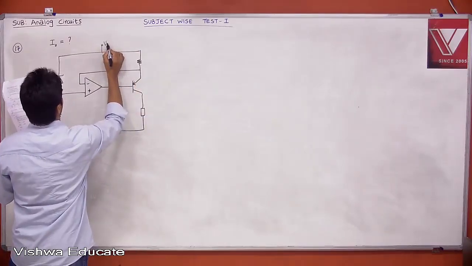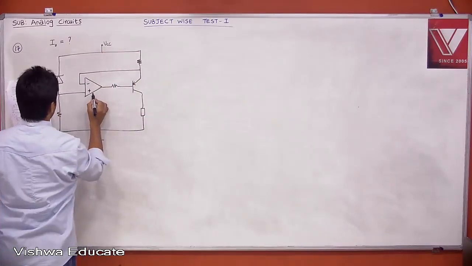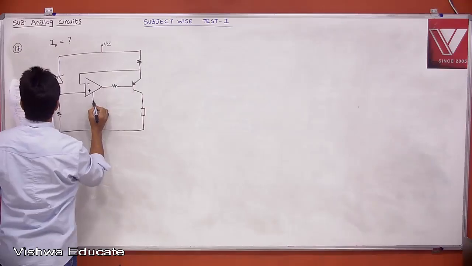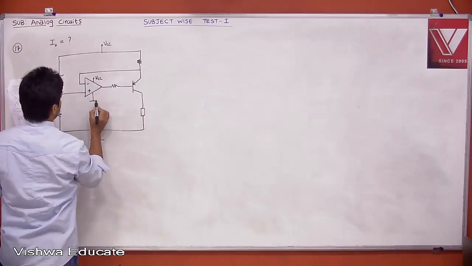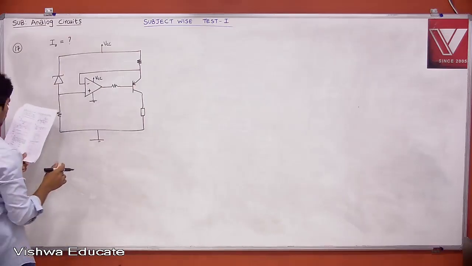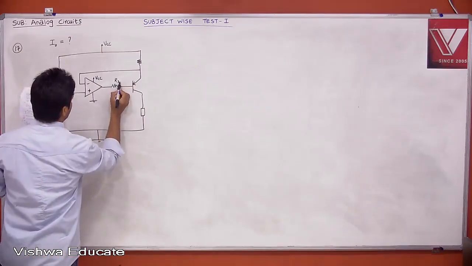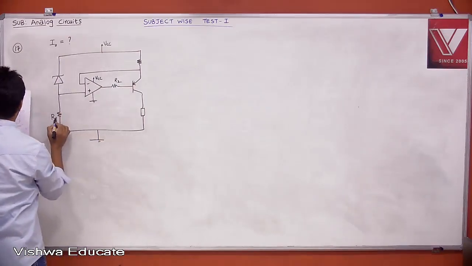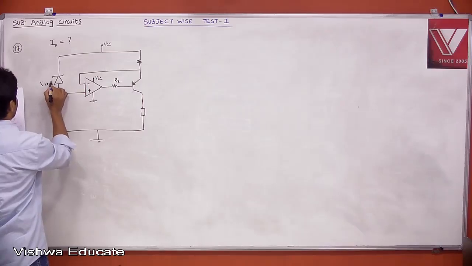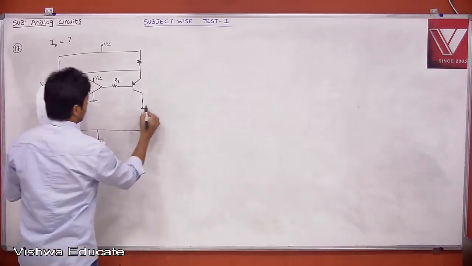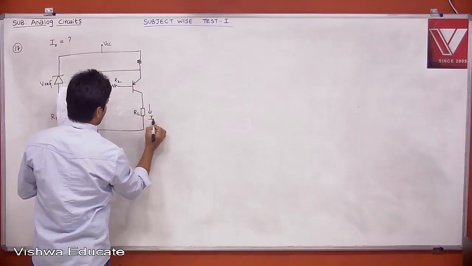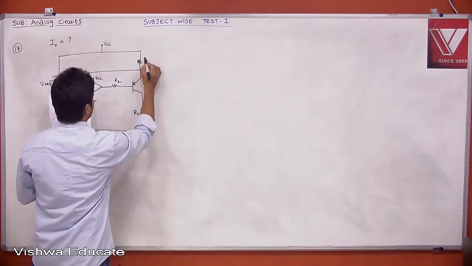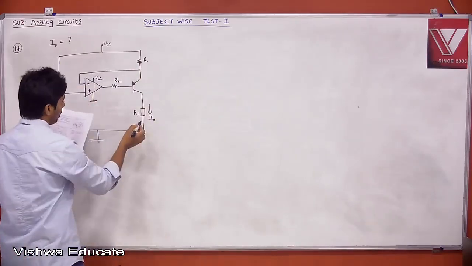This op amp also has its lowest power supply as ground and highest power supply as VCC. Okay, this is what is given. This is R2 and R1, and this is your V reference, and this is RN, and this is your I0. Okay, this is R.